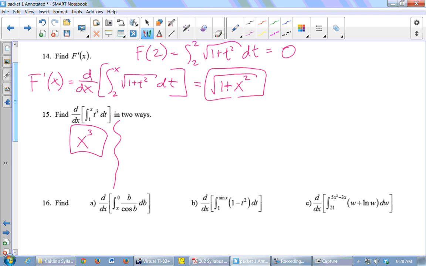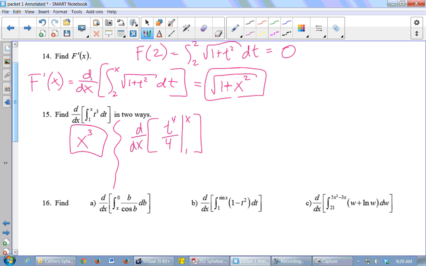So I'm going to ignore the d dx part, and I'm just going to do this integral part. I can use the fundamental theorem part 2 to evaluate this. That's the f of b minus f of a thing. So what's the antiderivative of t cubed? T to the 4th over 4. So I'm going to do t to the 4th over 4 evaluated from 1 to x.